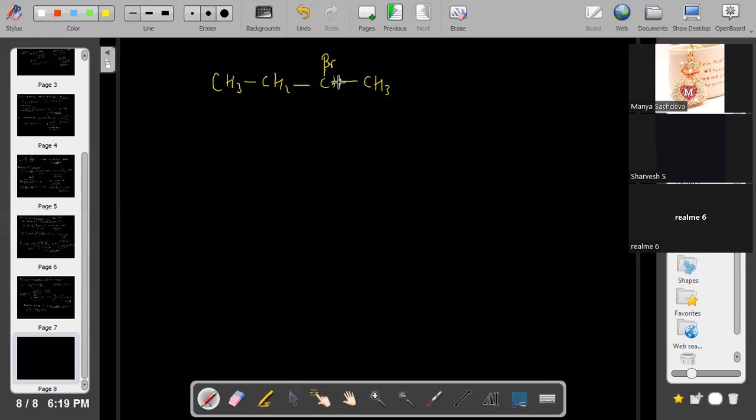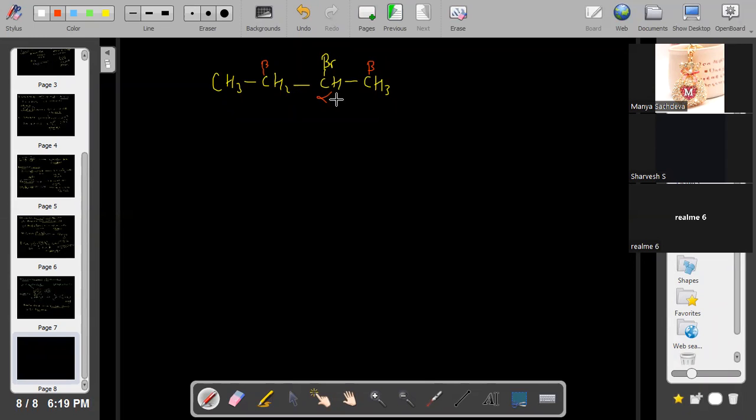What I said, this carbon atom is linked with bromine, that is the alpha carbon. This one is the alpha carbon atom, this one is a beta carbon atom, this side also a beta carbon atom, because these are 1, 2, 1, 2, you can see.